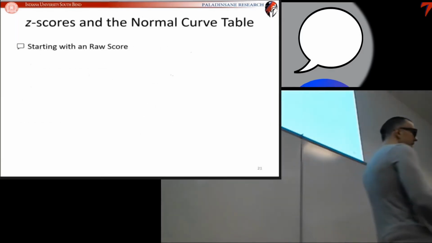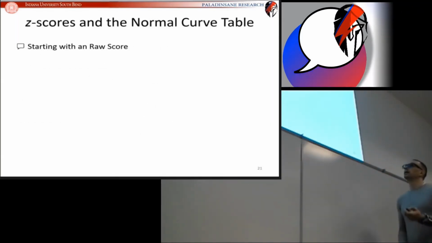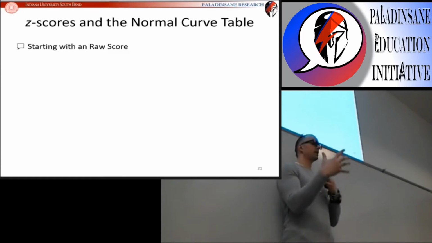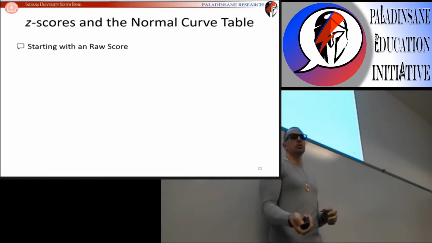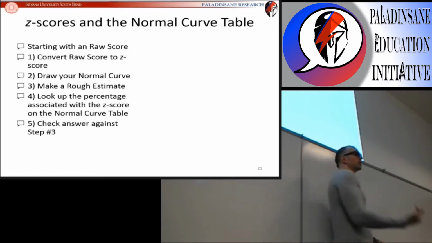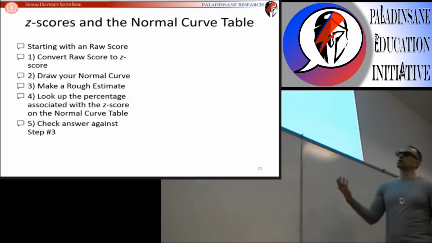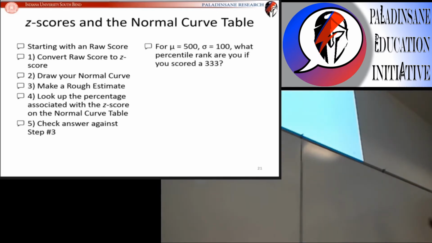All right, so last time when we met, we took a look at how to use the unit normal curve table, Appendix 1, and how to answer questions where you start with a raw score and you're asked for a percentage. So those are the 5 steps that we looked at. If you're starting with a raw score, hey, you scored 333 on your SATs, and you want a percentage, what percentile rank are you?